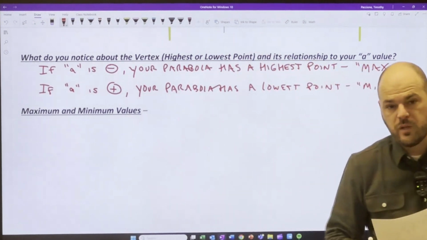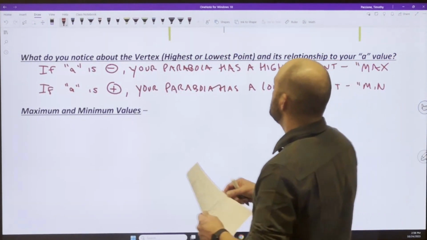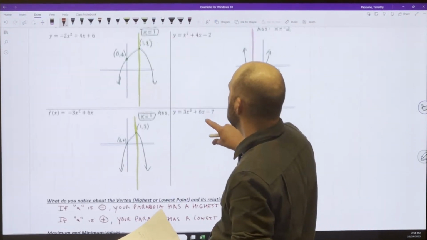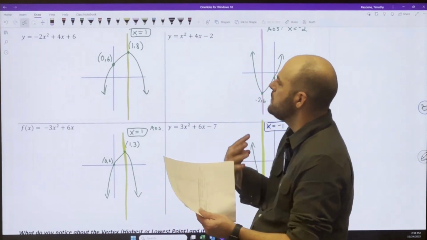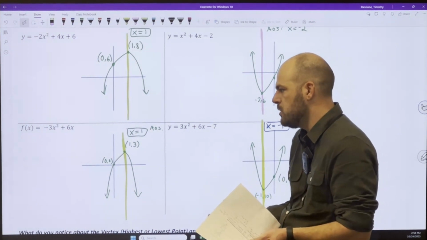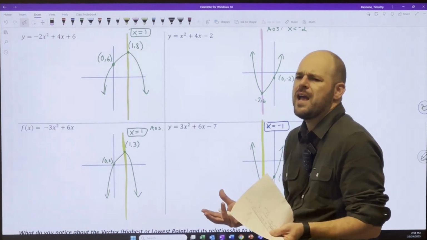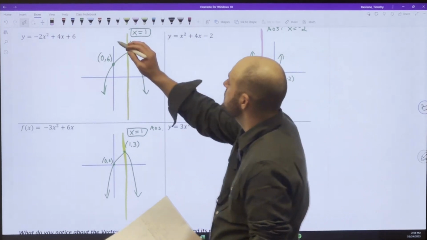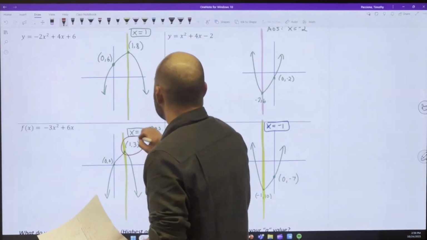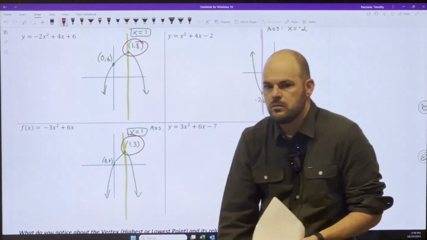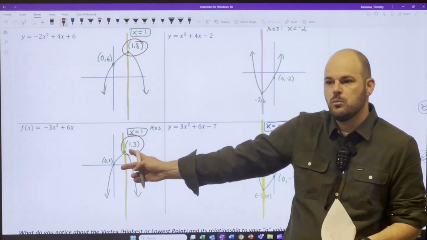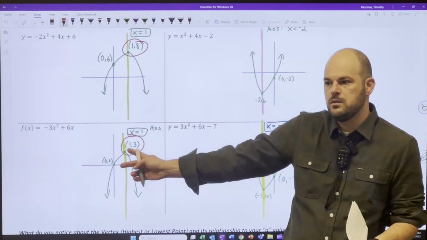Okay, so let's talk about that highest and lowest point. Let's look at these graphs again. Which part of the vertex determines if it's highest or low? Or how high it is or how low it is? The y. The y, right? For instance, this one and this one. Would we all agree that that's higher than that? Yeah. How do we know? 8 is higher than 3.